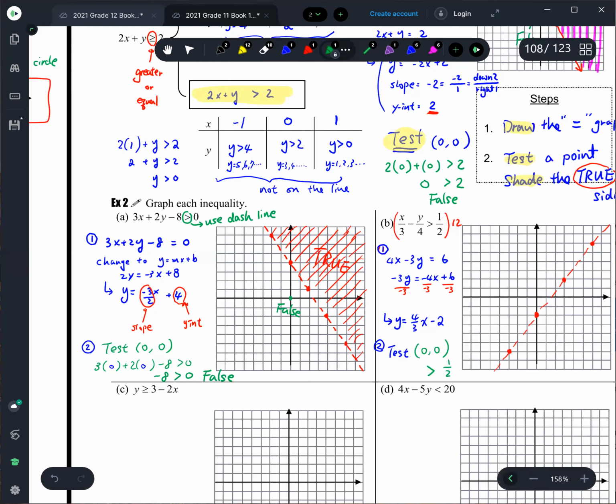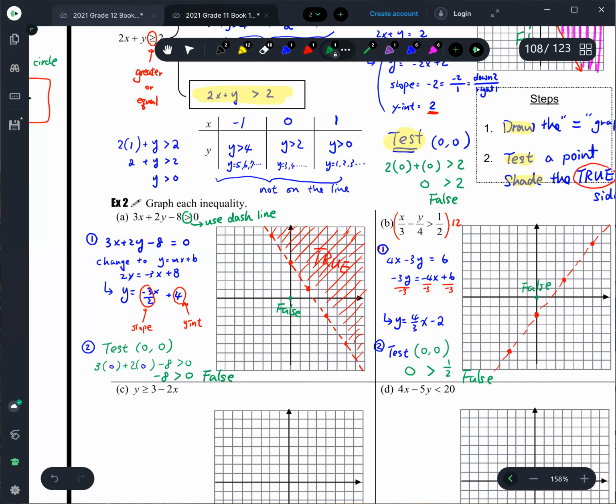Okay, you don't need to move anything. You just plug it in and calculate. So after you plug it in, left side is 0, right side is half. So 0 is not bigger than half, right? This one is false. Right, this is false.